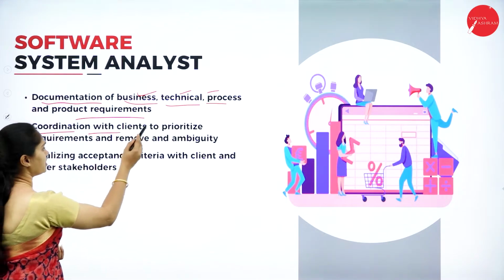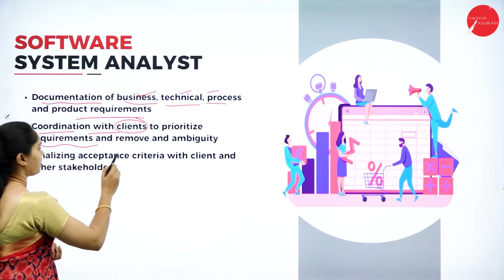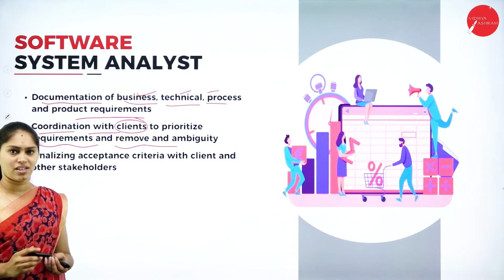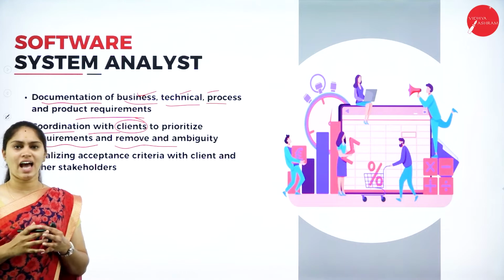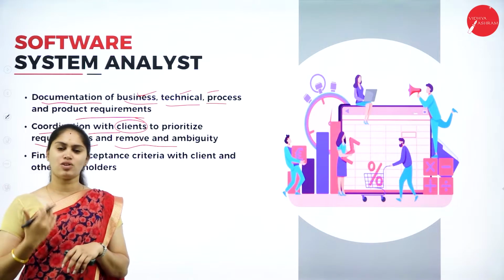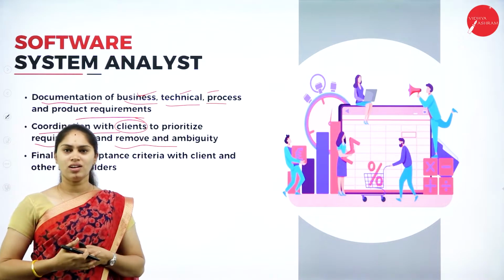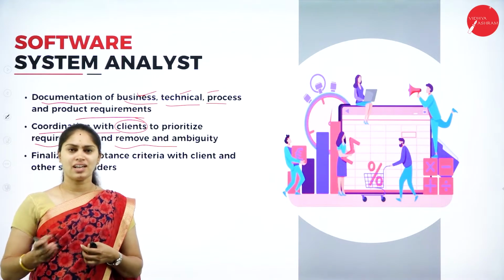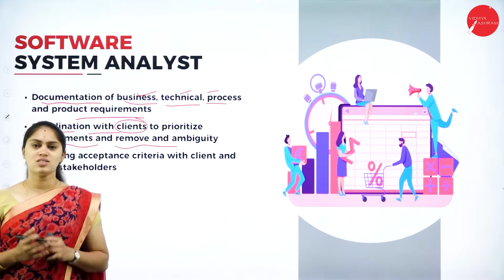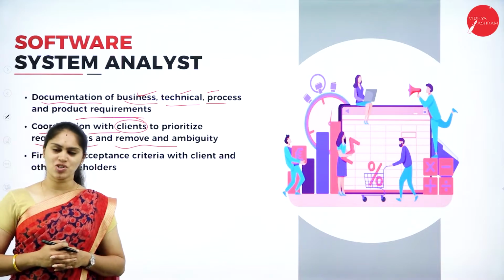Next is coordination with the clients to prioritize the requirements and remove ambiguity. Why do they have to remove certain ambiguities or difficulties? As I told earlier, the user may not know everything about the system they want. They just come up with certain core functionality.